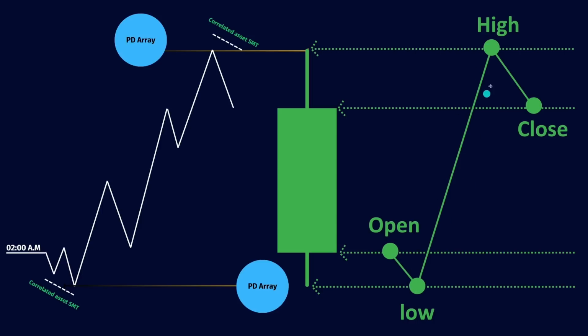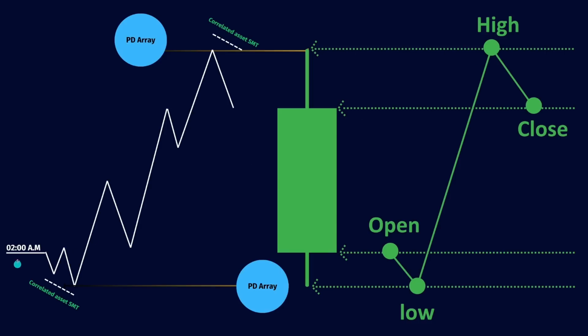It's one single move. But in lower time frames, you can find internal dynamics. You can find different types of moves. You can find retracements inside this move to the low, to the high.